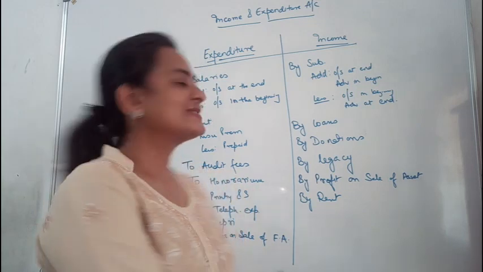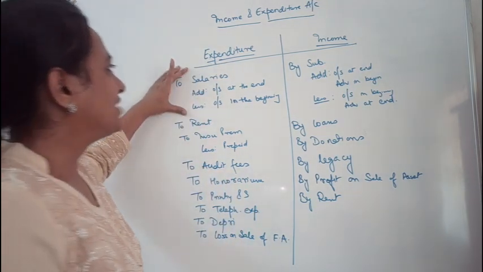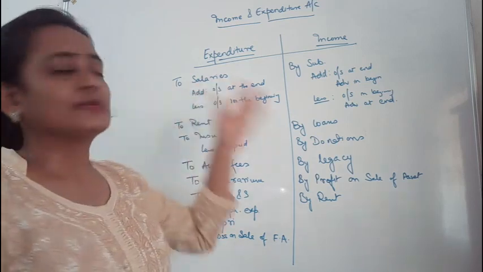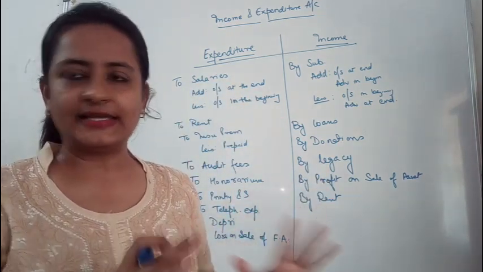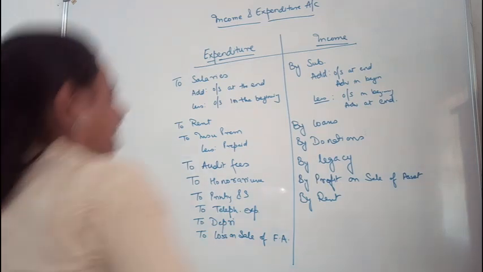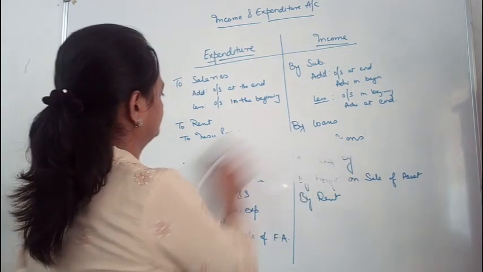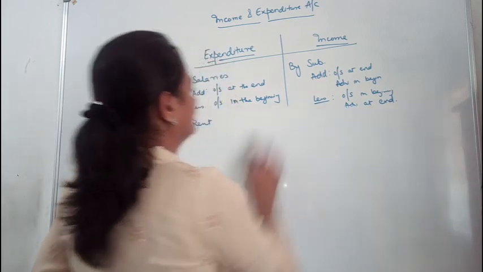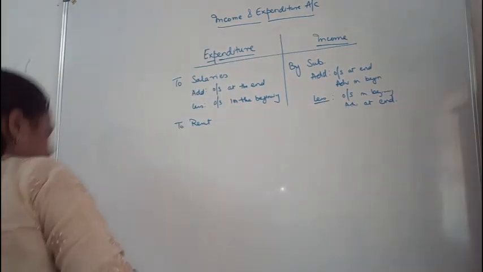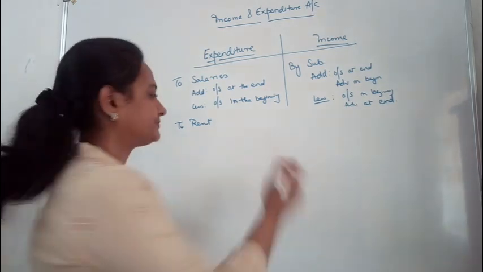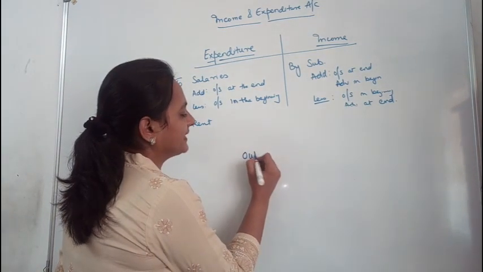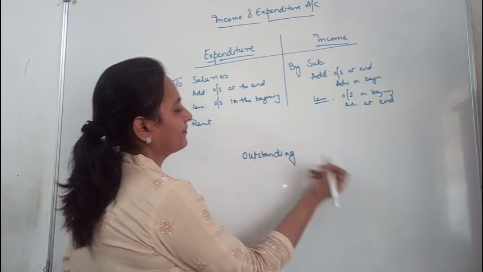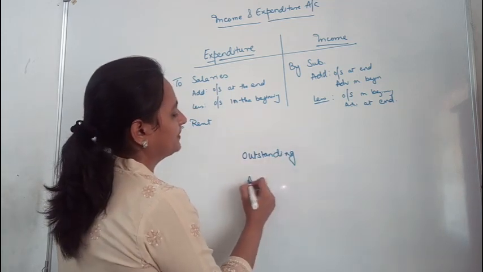So let's come to this. I'll be explaining these adjustments: why outstanding at the end and what is outstanding in the beginning. Now let's take an example. Supposing there is something called outstanding and there is something called advance.